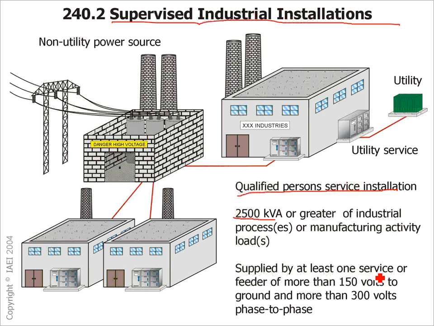And supplied by a service of more than 150 volts to ground. So at least a service of 480/277, right? So not 208, at least one service. If you have a 480/277 building and the manufacturing floor is consuming 2,500 kVA, that's 2.5 megavolt-amps.